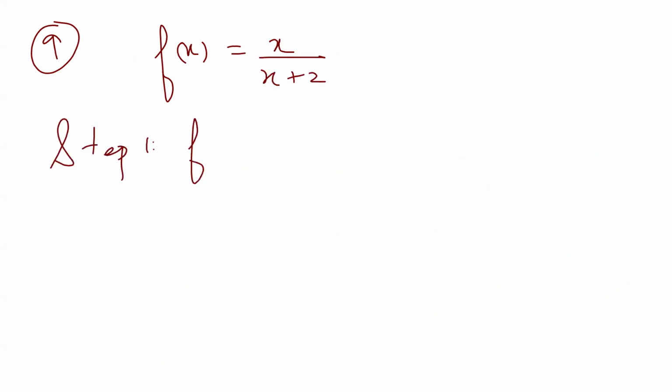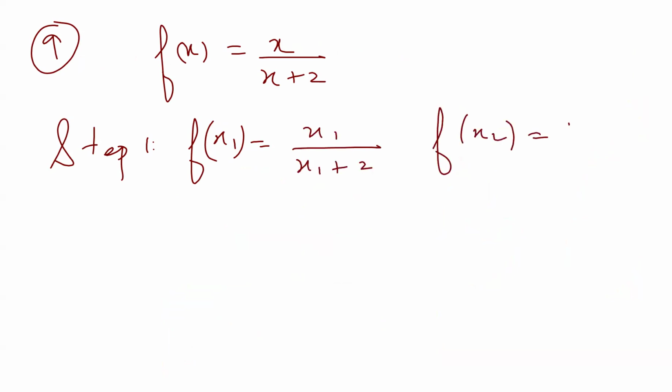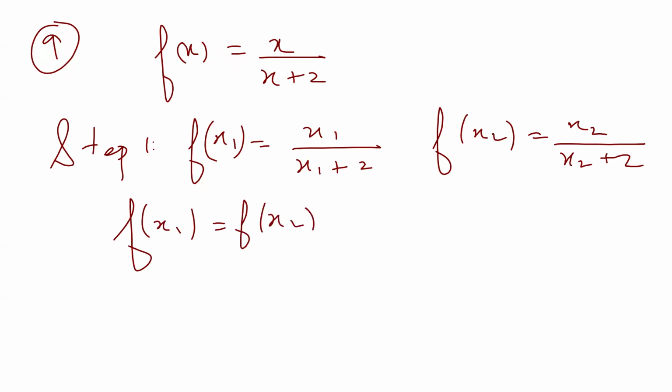So f of x is equal to x upon x plus 2. Step 1, f of x1 equal to x1 upon x1 plus 2, f of x2 equal to x2 upon x2 plus 2. f of x1 is equal to f of x2, so x1 upon x1 plus 2 equals x2 upon x2 plus 2.